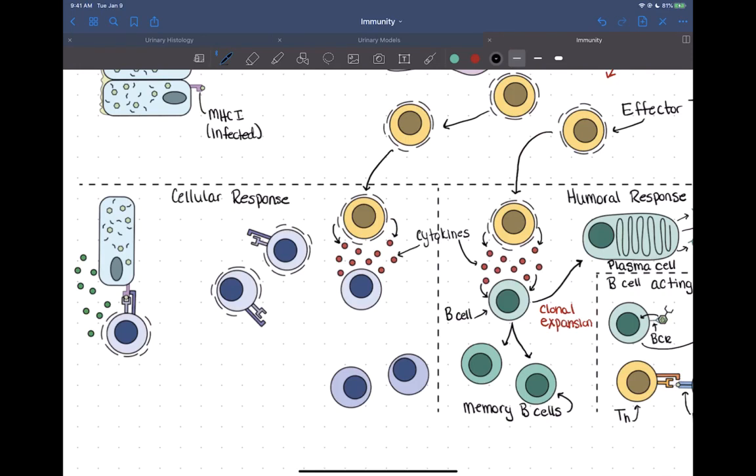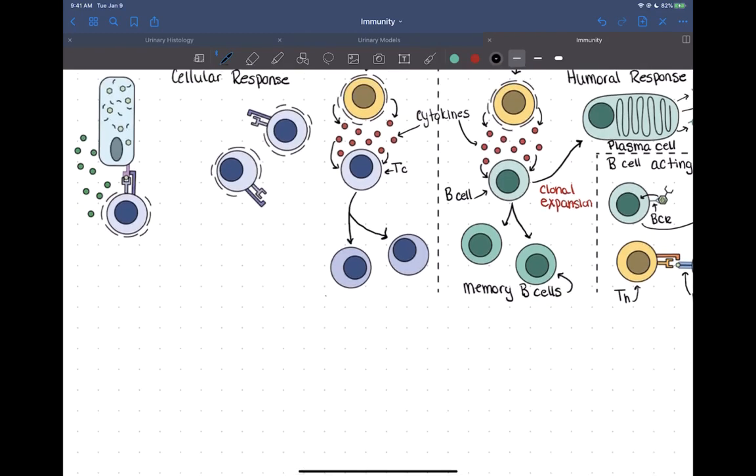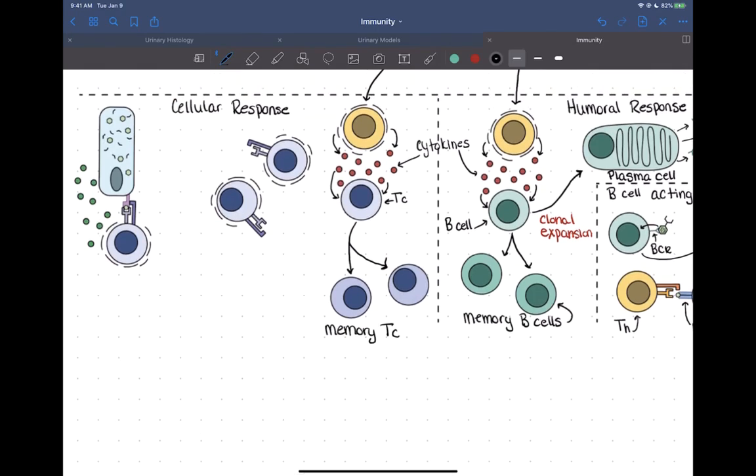Okay, and then those cytokines are going to act on our T cytotoxic cells. That's what these guys are. Those T cytotoxic cells are then going to become activated. All right, they will either be memory T cytotoxic cells, or they will be effector T cytotoxic cells.